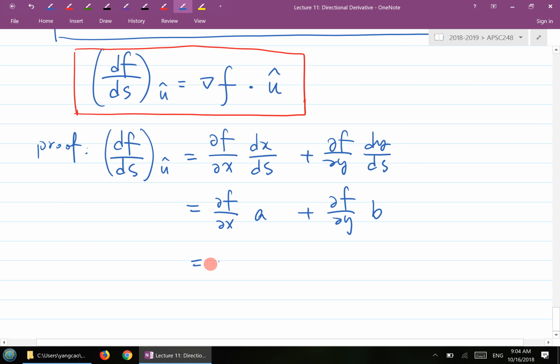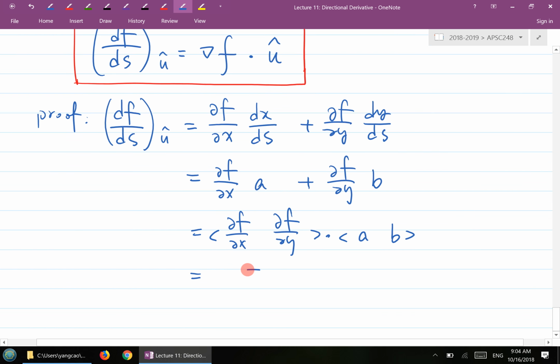So altogether, you can write this whole thing in a vector dot product format. The first term is your gradient. The second term is the u hat direction. So together, you get this simple formula for directional derivative.